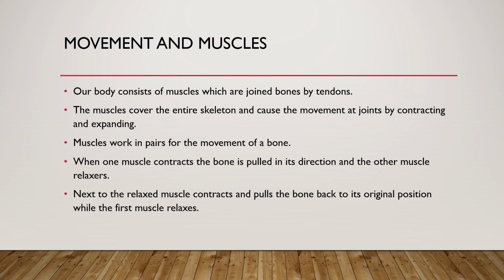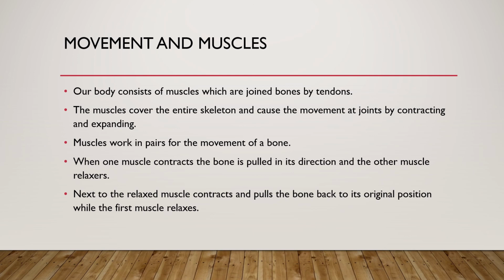So what happens? Muscles work in pairs for the movement of bones. When one muscle contracts, the other muscle is pulled in its direction and it relaxes. Next, the relaxed muscle will contract and pull the bone back to its original position while the first muscle relaxes. So we have two muscles.